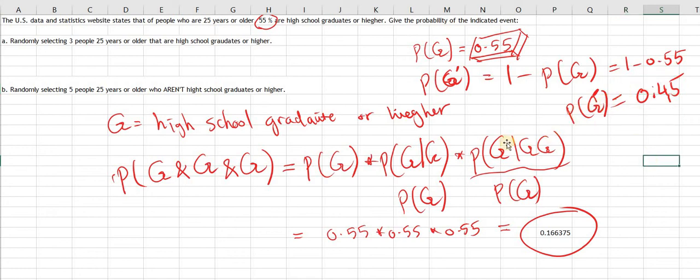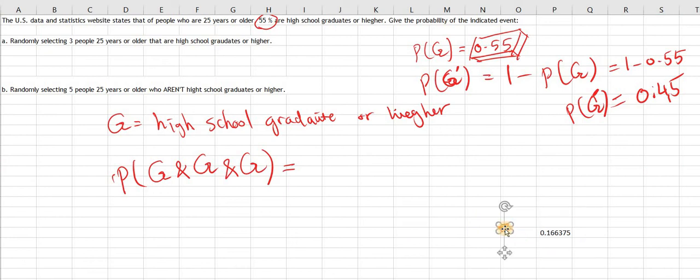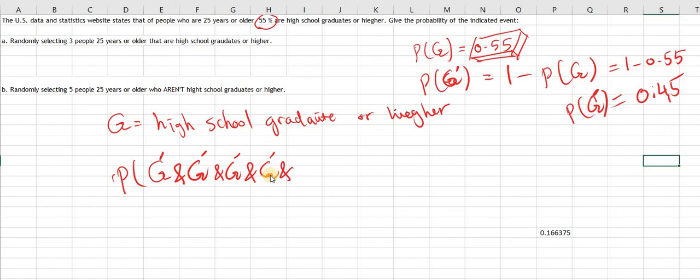Now that we have the second probability, we are able to compute it using the same approach as the first probability. So selecting 5 people who are not high school graduates or higher is basically the probability of selecting the first person who is not a high school graduate or higher, and the second one is not, and the third one is not, the fourth one is not, and the fifth one is not a high school graduate or higher.